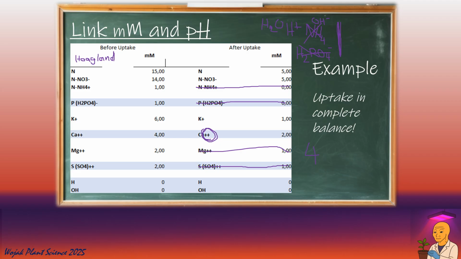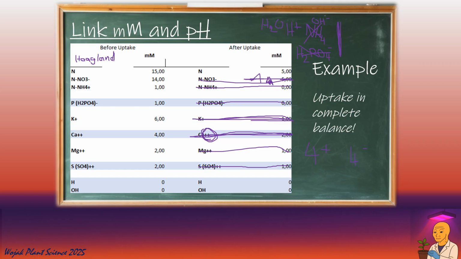So we require 4 positive charges, so we require 4 negative. We take 4 from the nitrate, and 1 is left over. We take these 4, and the calcium is balanced. And what's left over? 1 nitrate, that's gone now, and 1 potassium, that's also gone.